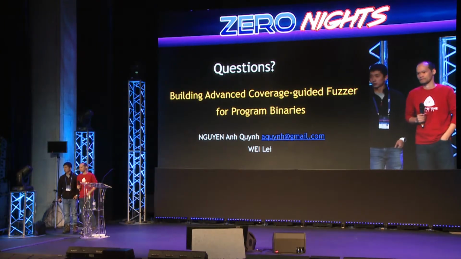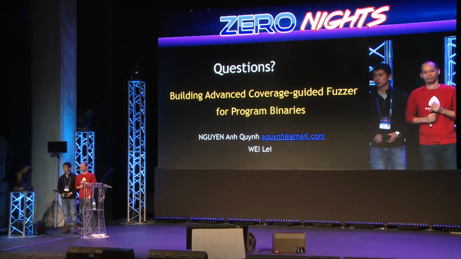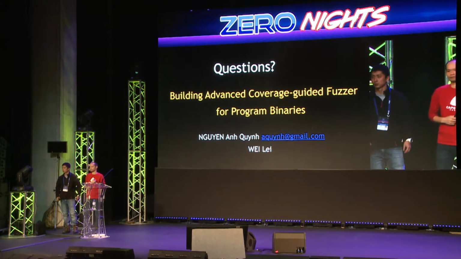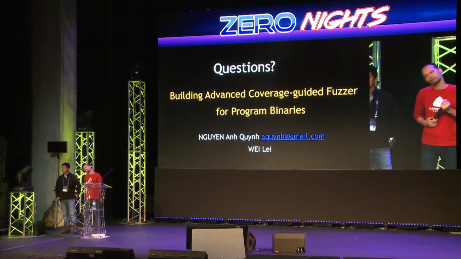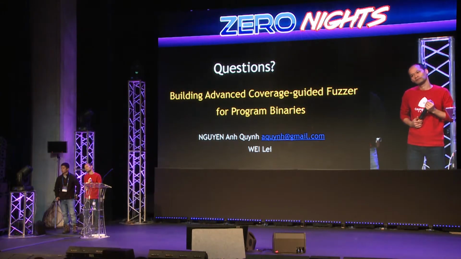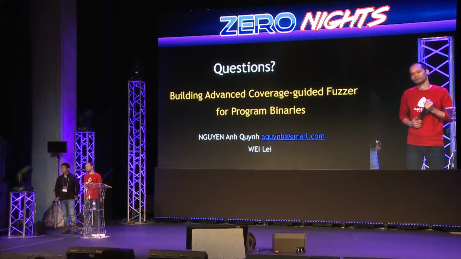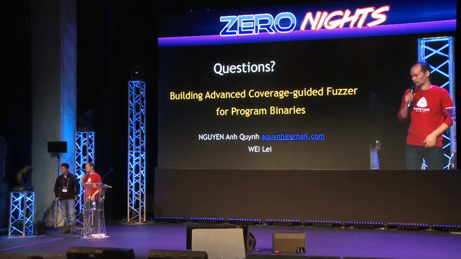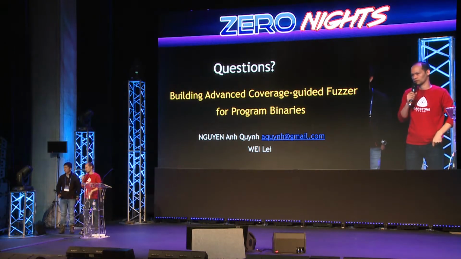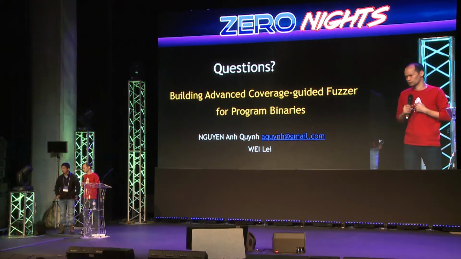Hello, thank you. I have a question about import address table patching. Could you please clarify a bit more? How do you deal with the delayed import? Sorry, can you repeat your question? How do you do injection, import address table. How do you deal with delayed import?